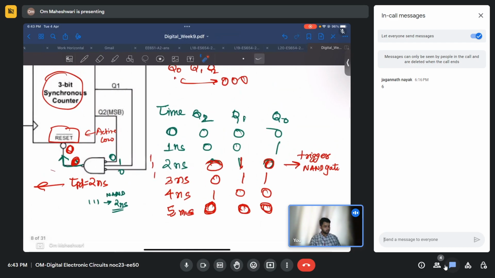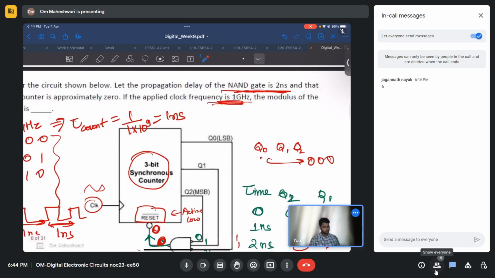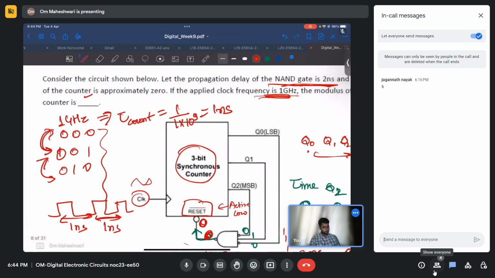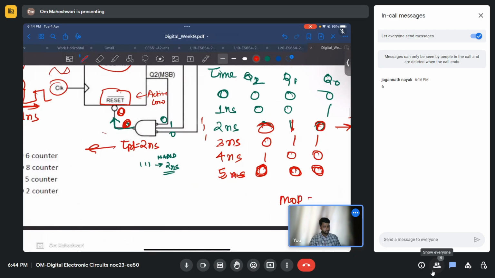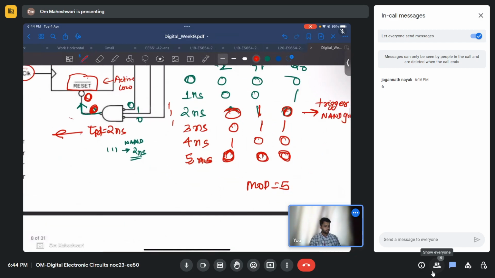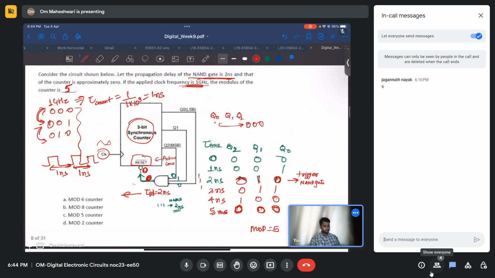So the mod of this counter is how many states we have? 1, 2, 3, 4, 5. So mod is 5. Is this clear?